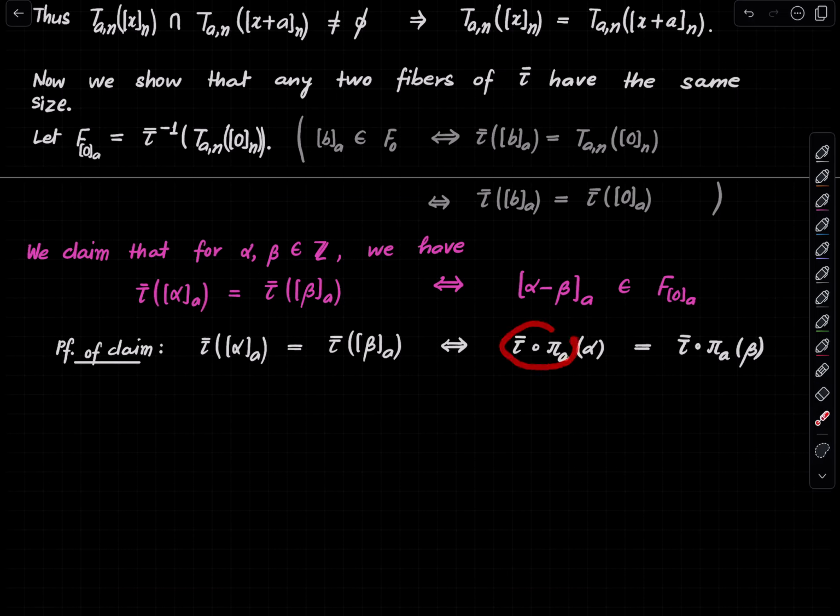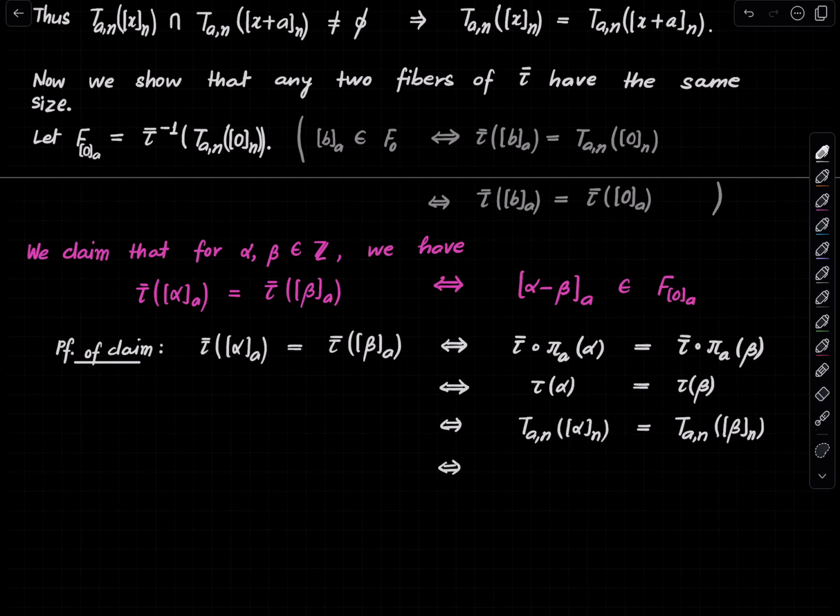But what is this composite? This composite is tau. Correct? Which happens if and only if, by definition of tau, the trajectory in which the remainder class of alpha lies modulo n is the same as the trajectory in which the remainder class of beta lies.